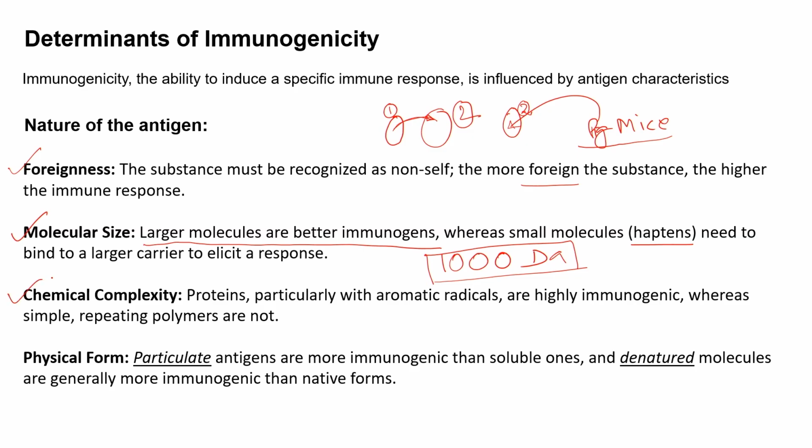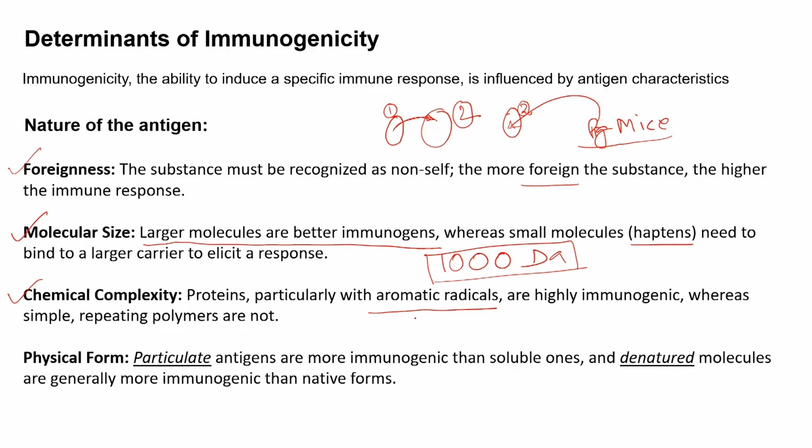The third one is chemical complexity. Of course, proteins are complex in nature, and their complexity in terms of amino acids is critical. Proteins are made up of different amino acids. Some are basic in nature, some are hydrophilic, some are aromatic. In general, more aromatic residues in a protein can cause somewhat higher immunogenicity as compared to a protein with a low aromatic amino acid profile.